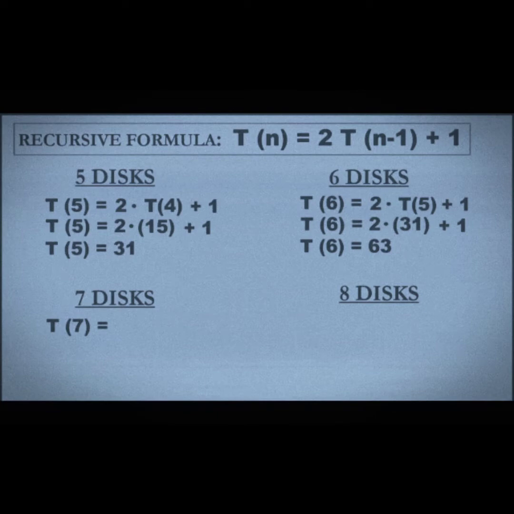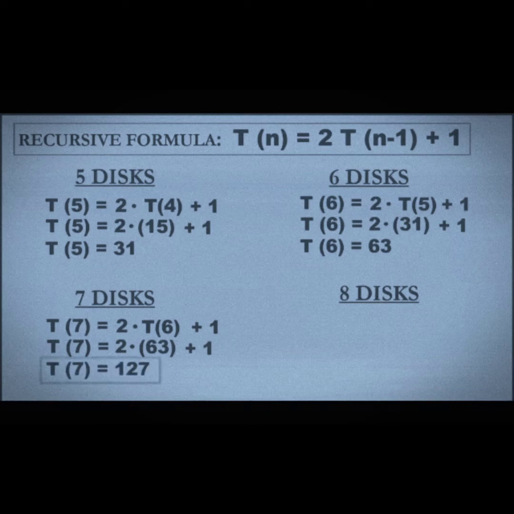With 7 discs, we have t of 7 is equal to 2 multiplied by t of 6 plus 1. Then 2 multiplied by 63 plus 1 is equal to 127 moves.